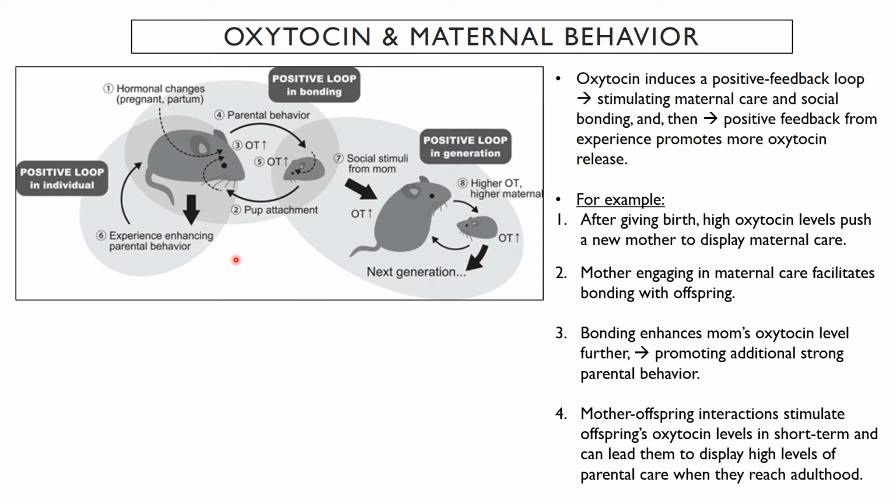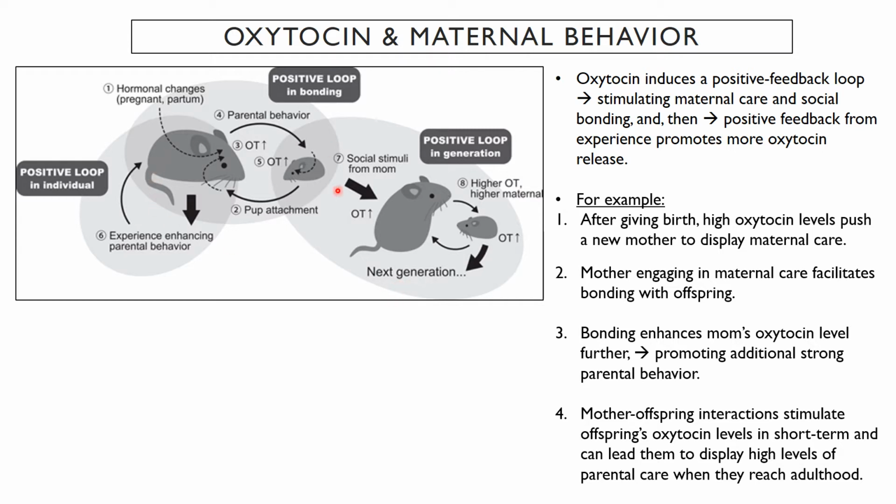So this can lead them to display high levels of parental care when they reach adulthood. This positive feedback loop of having a high licking and grooming experience as a pup will lead to the next generation: when the daughters become mothers themselves, they will be more likely to show high parental care, a lot of licking and grooming, which then stimulates this positive feedback loop of oxytocin, inducing more licking and grooming the next time.